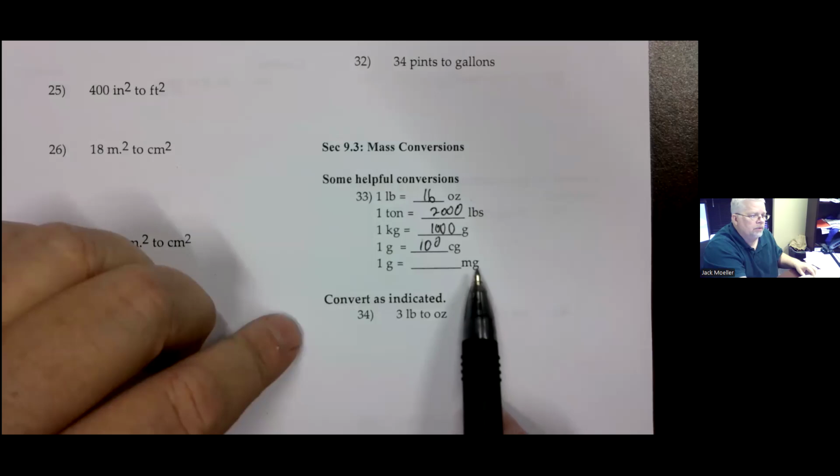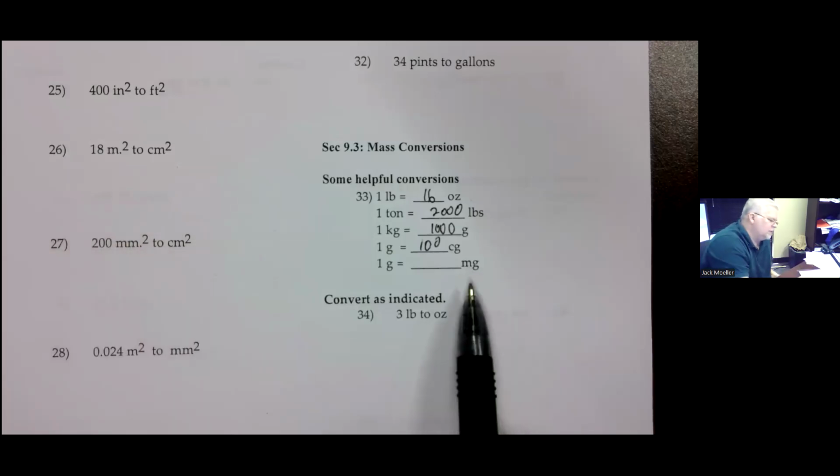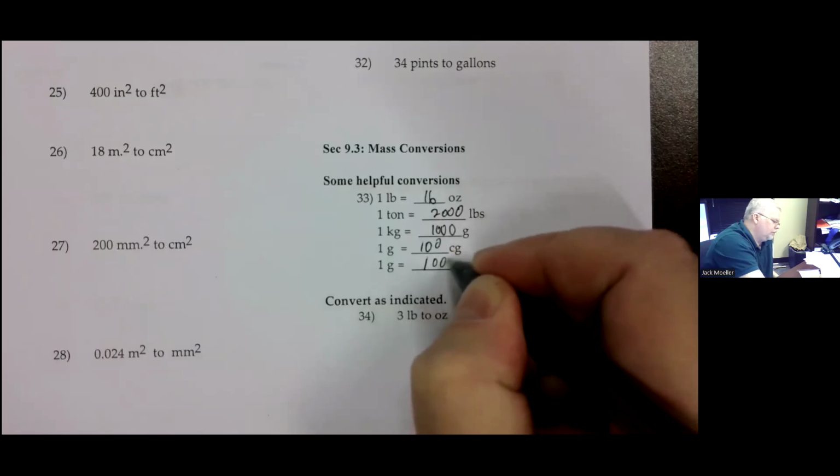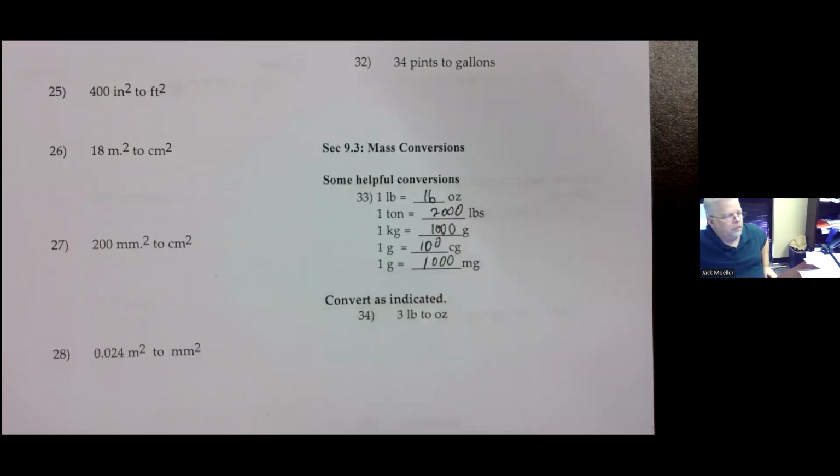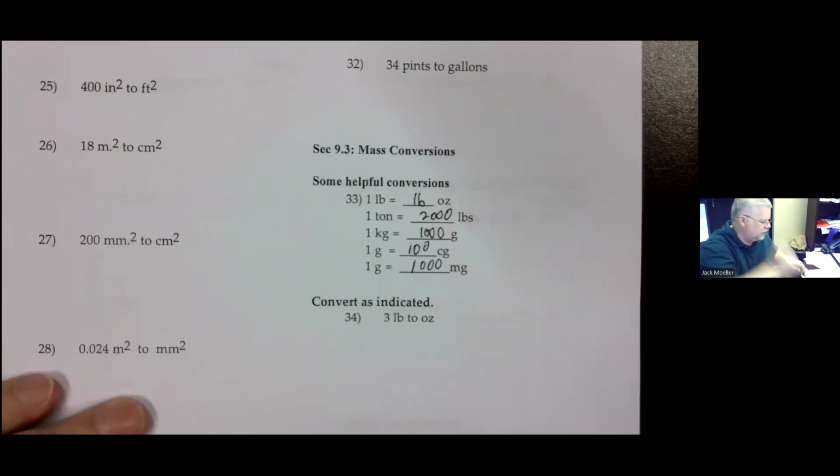And when you see mg, which tends to get used more often, particularly with medicine, it's a milligram. Milli is 1/1000th, so there are 1,000 milligrams in a gram.